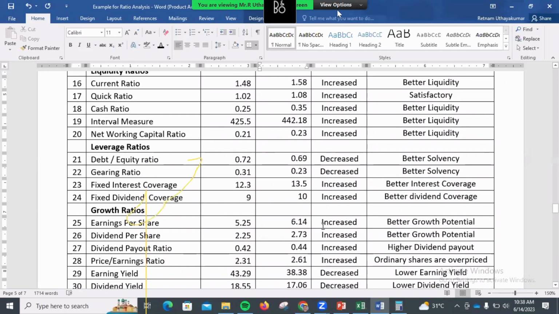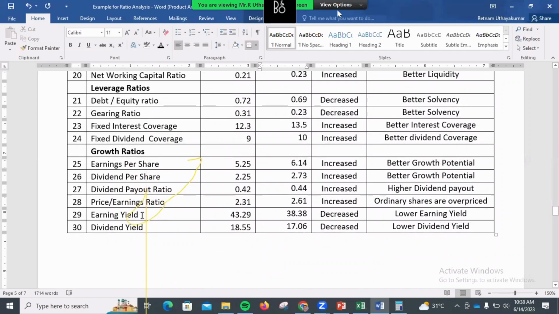Then you can do the interpretation regarding the growth ratios. Earning per share, you observe, increased; dividend increased; dividend payout increased.